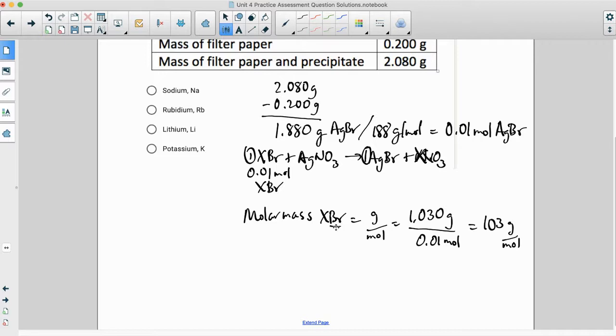And if we look at the periodic table, the mass of bromine is 79.90 grams per mole.